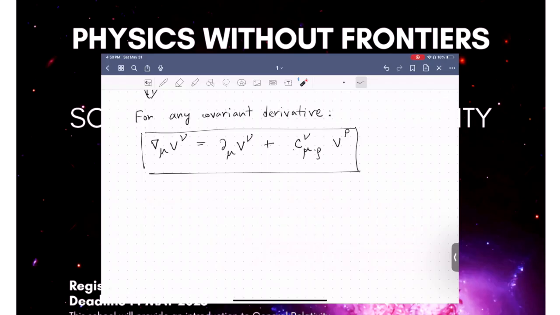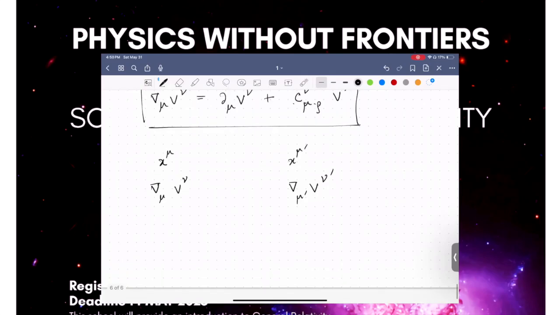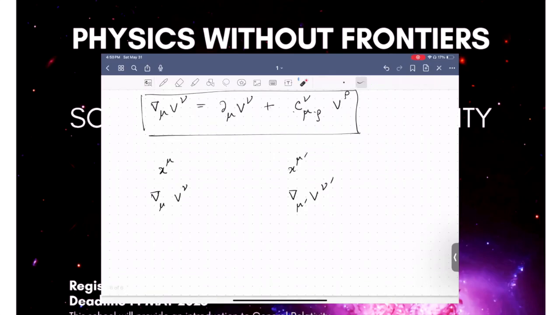So what is going on is that, let's again reserve two different coordinate systems, x mu and x mu prime. And in these two coordinate systems, we have these quantities, v nu and v nu prime. And we want to impose the constraint that this and this are related by a simple tensorial transformation.